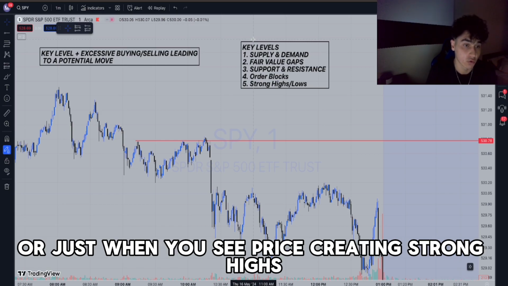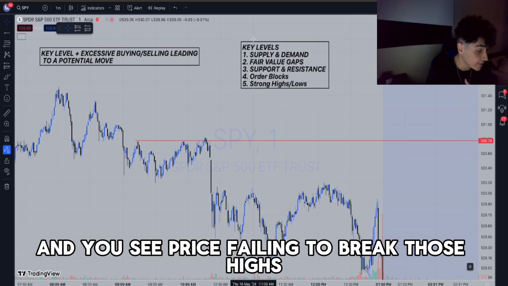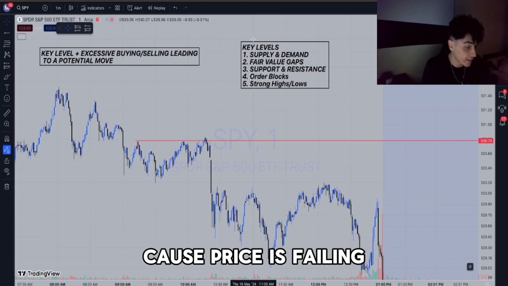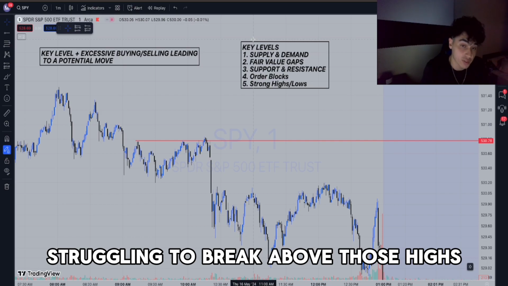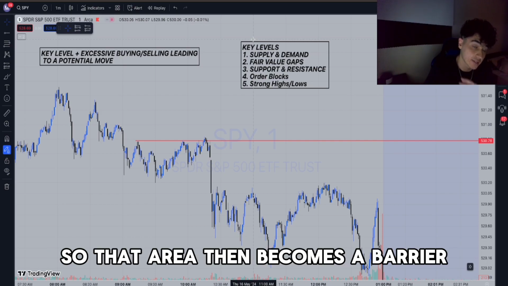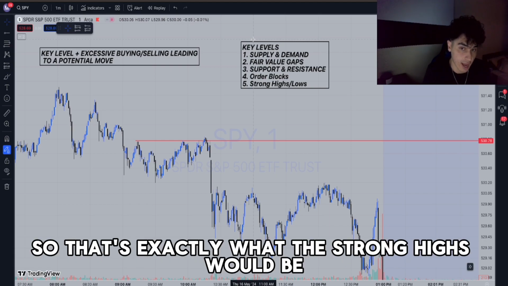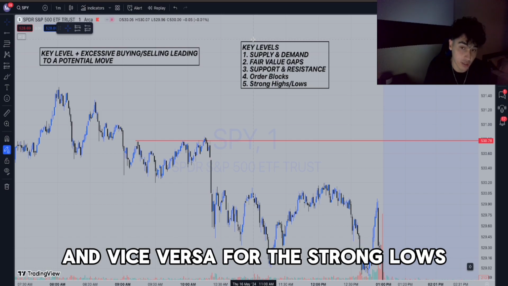Or when you see price creating strong highs and failing to break those highs, that is price struggling to break above them. So that area becomes a barrier area for us, a resistance area. That's exactly what the strong highs would be, and vice versa for the strong lows.